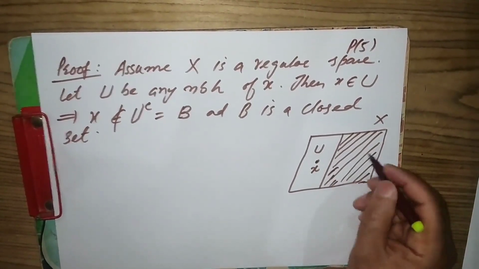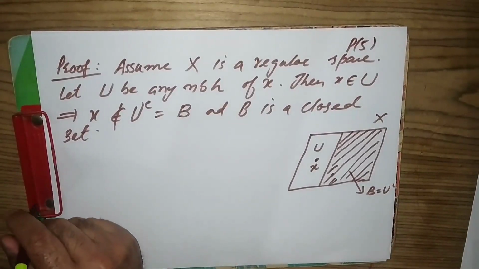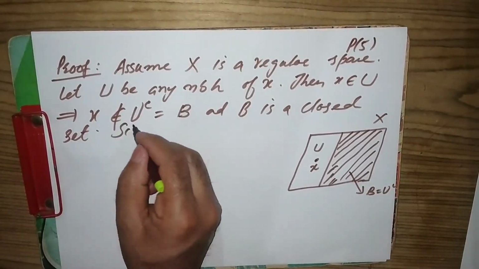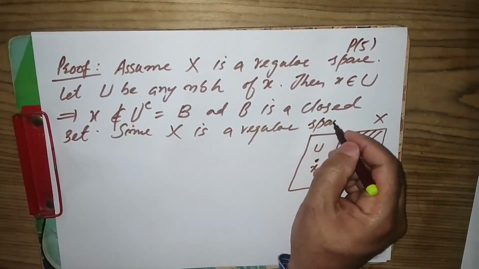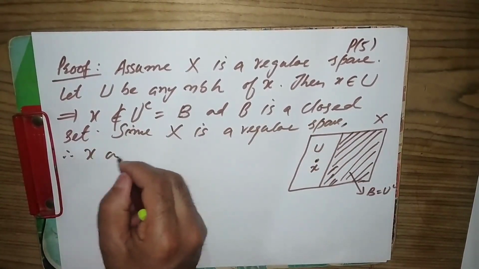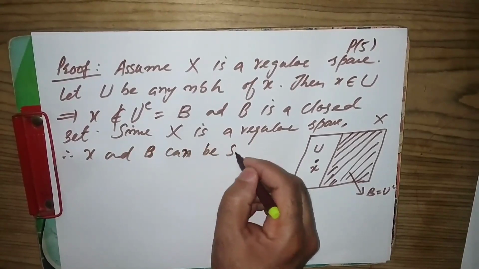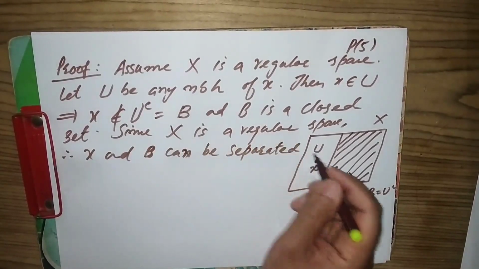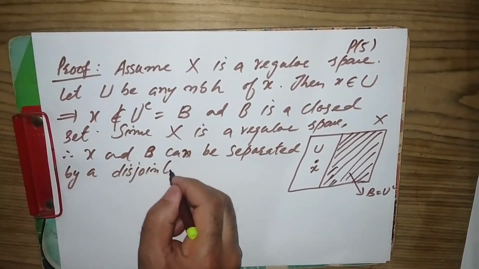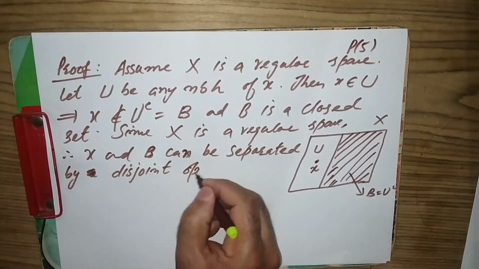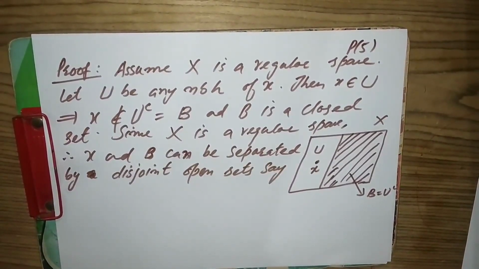So B is a closed set, and x is not in B. Since X is a regular space, therefore x and B can be separated by disjoint open sets, say V and W.